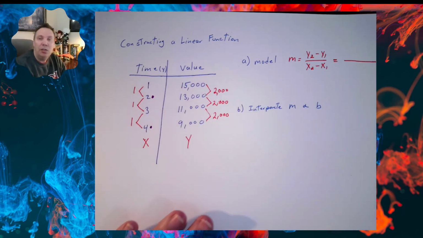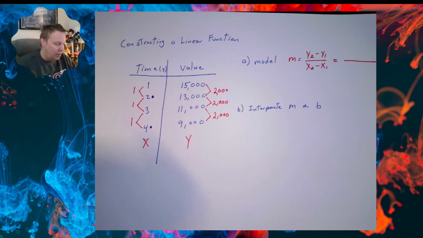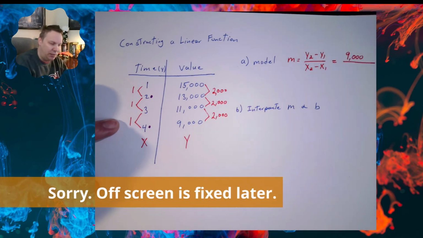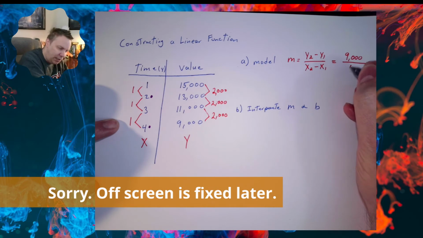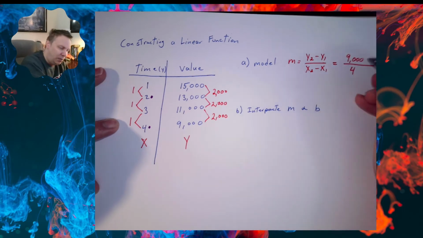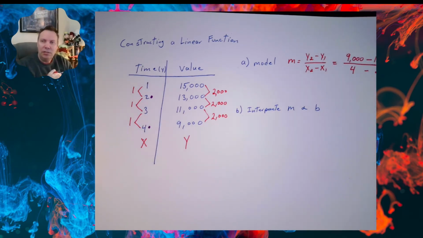In other words, when x is 2 and x is 4. When x is 4, I get a y value of 9,000. When x is 2, I get 13,000 as my y value.